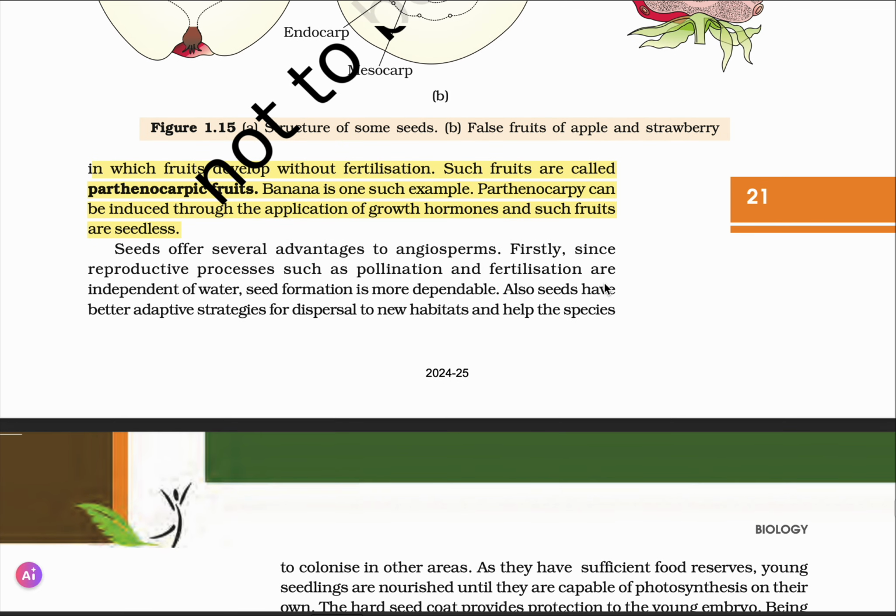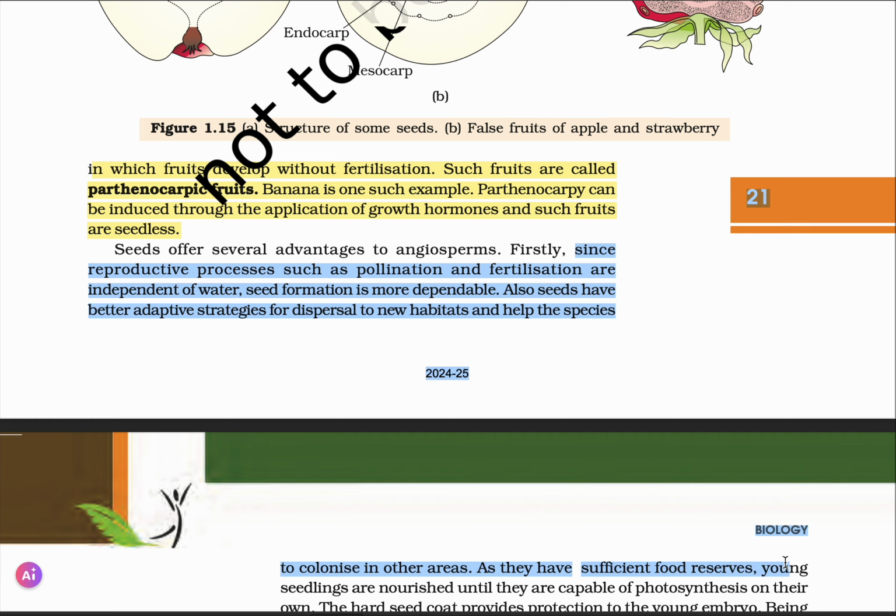Seeds offer several advantages to angiosperms. Firstly, what are the advantages of seeds? Since reproductive processes such as pollination and fertilization are independent of water, seed formation is more dependable. Also, seeds have adaptive strategies for dispersal to new habitats and help the species to colonize other areas.